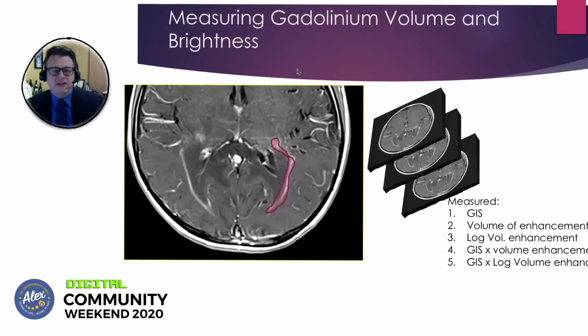In fact, here's another way to do it. This is my crude, almost childlike drawing of the outline of gadolinium. And this MRI pictures in 2 dimensions, so it's a slice. But you can actually go through all the slices and add up all the area and make a volume.